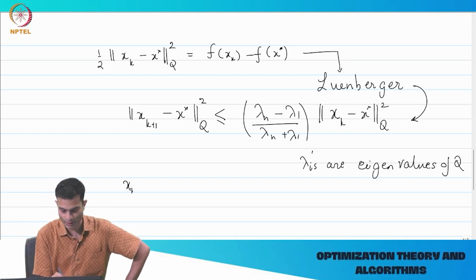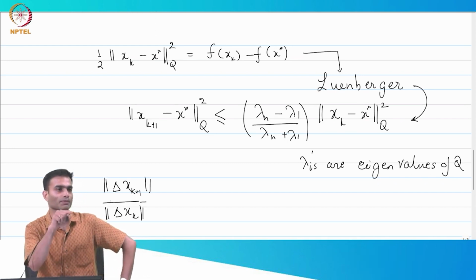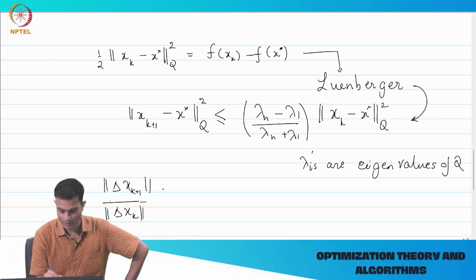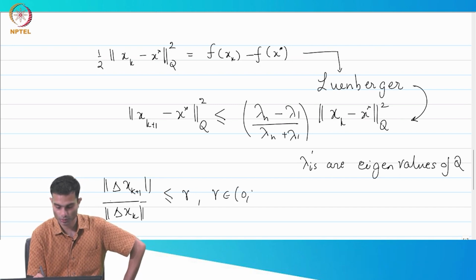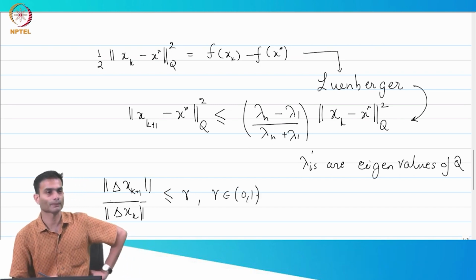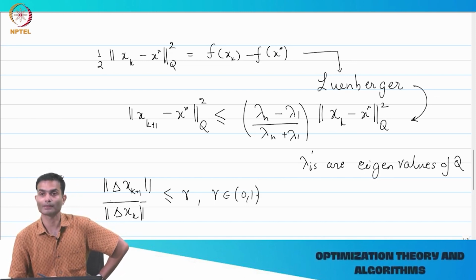It was the norm of delta x, k plus 1 divided by the norm of delta xk, right? Delta x is xk plus 1 minus x star. That's the meaning. Less than or equal to r, where r was between 0 and 1. Does this expression that we have got look like that? It does look like that.